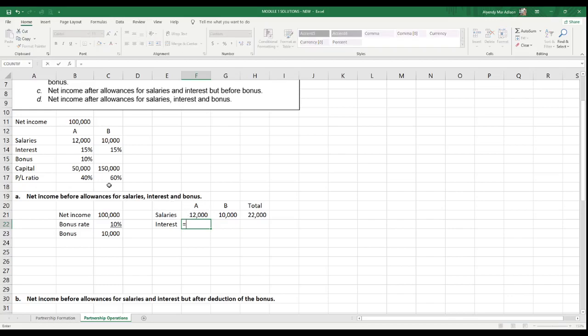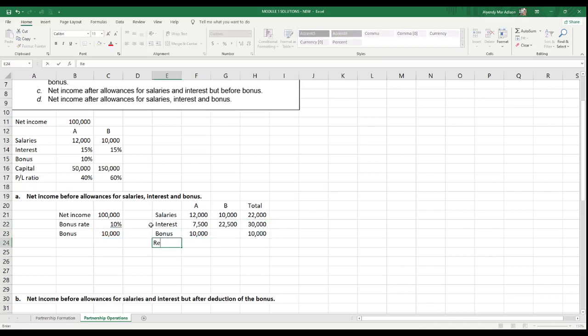For A, we have 50,000 capital times 15% interest, so that is 7,500, and for B, that is 150,000 capital times 15%, so that is 22,500. To get the total, we have 30,000 pesos. Thirdly, we have the bonus. We have already computed it, which is 10,000 pesos for A, with a total still of 10,000 pesos.